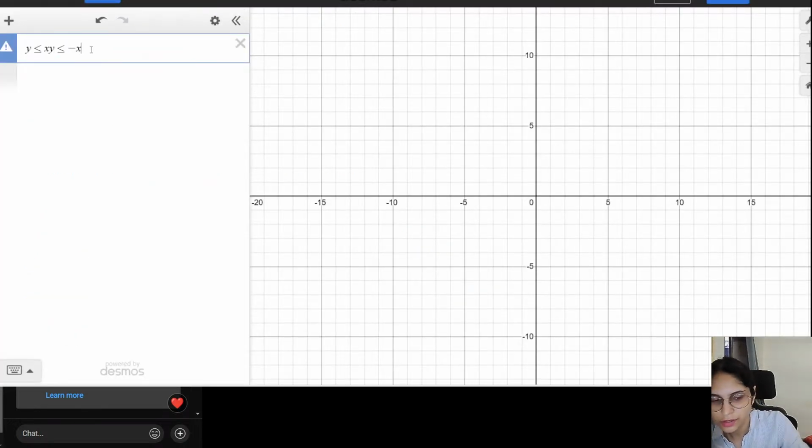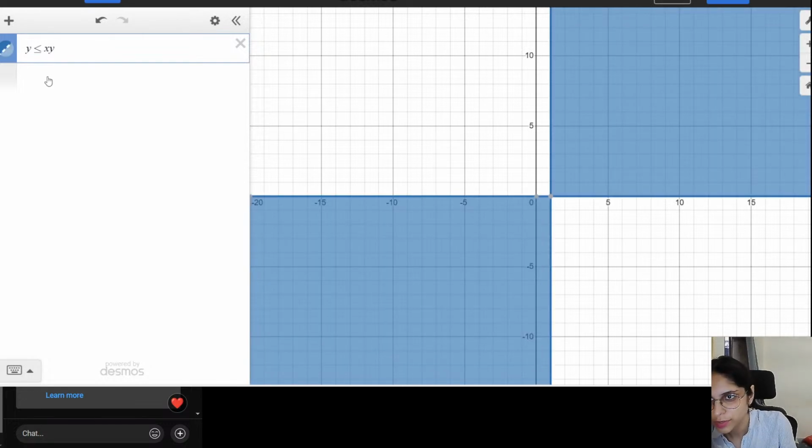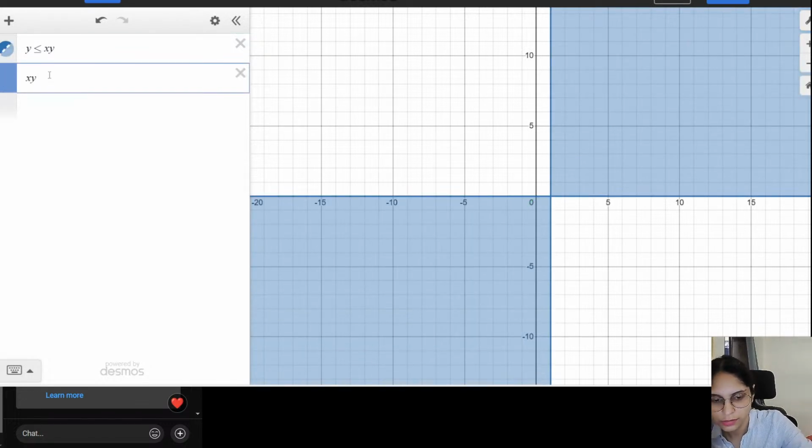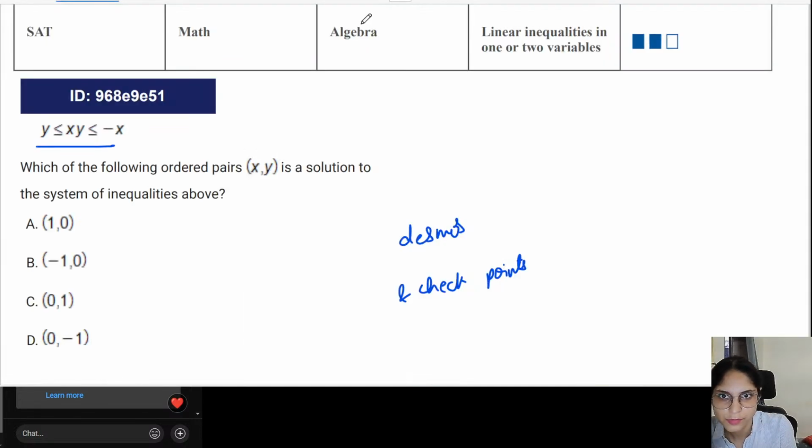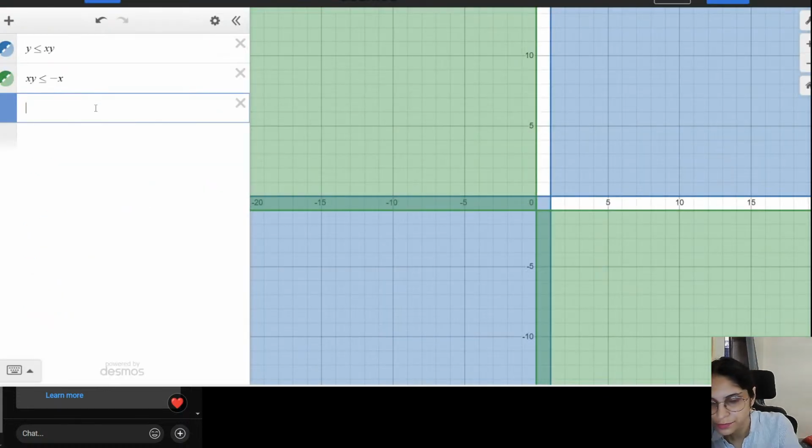Okay, so basically you can't write both of them like this. So you write it like this. What we are doing is splitting it. And now just check the points (1, 0).